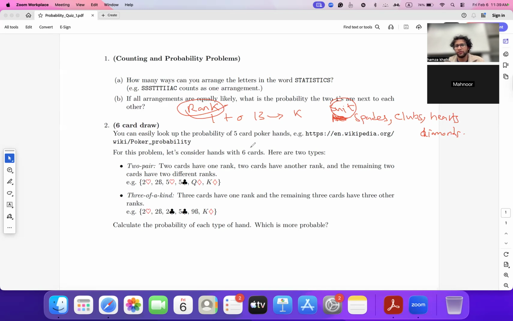Now you have basically five or six cards in your hand, and you want to show that you have two pair. That means you have a pair of one rank and another pair of another rank, and the remaining are different. Likewise, three of a kind is just three cards of one rank and the other three have different ranks.